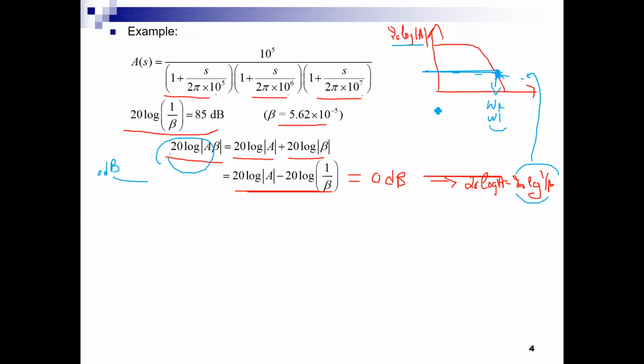The intersection represents what would have been the 0 dB line in 20 log A beta. Clear? Any questions?